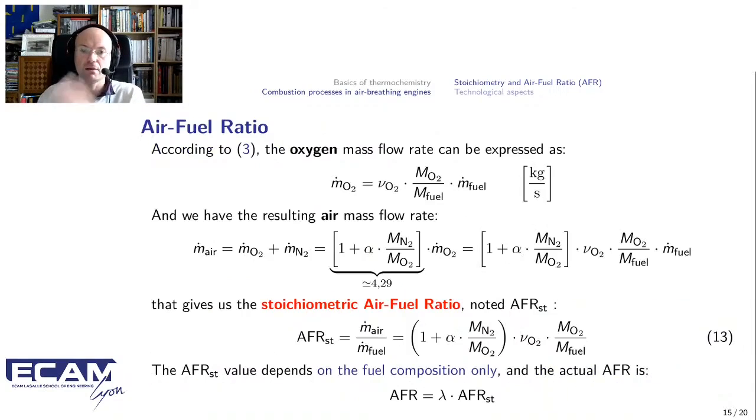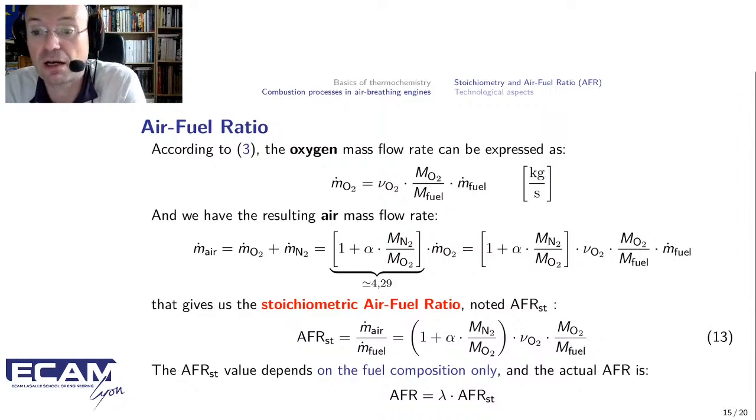So practically, once again, because we are mostly dealing with mass, we need a criterion that could be used to control the amount of air which is mixed with the fuel along the combustion. And this parameter is called air-fuel ratio.